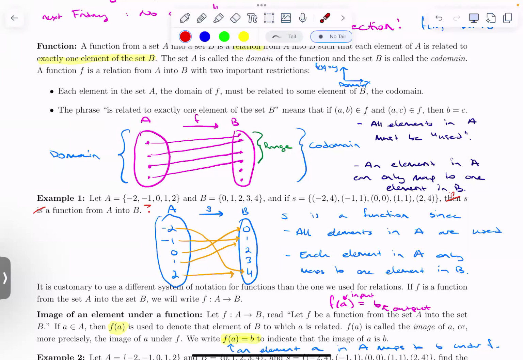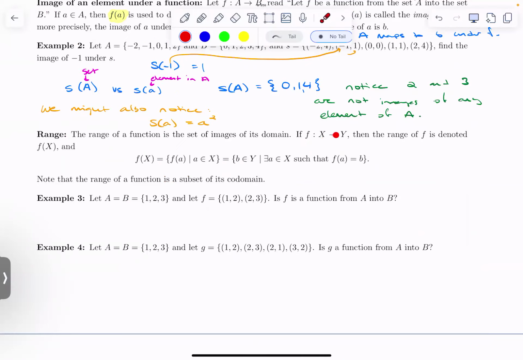If f is a function that has domain X and codomain Y, then the range of f is denoted by f of X, with all the inputs of X. And f of X is the set of f of a such that a is in the set X, right?